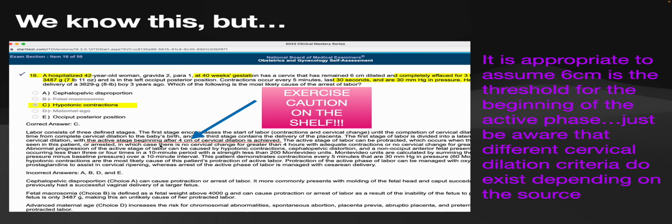But here it very clearly says the active stage begins after 4 centimeters of cervical dilation. And that's a value I saw in some other online resources, as well as an Anki deck that wasn't the Young-King deck. But this is obviously a very important source because they write the shelf exams, so just something to be aware of.